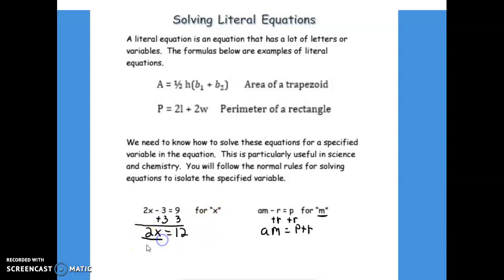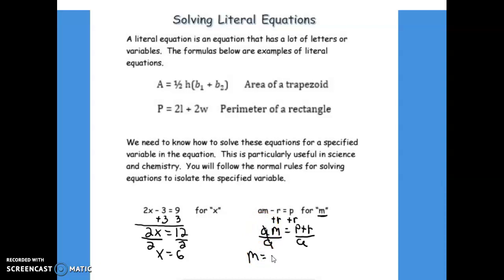Okay. Now, going back to the algebra equation, now if you solve for x, then you're going to do the division property, right? Divide 2. And you're going to get x. Okay, 2 goes into 12 6 times. Now, if you're solving for m, right, if this is multiplication, well, you do the division property with this, right? And you would divide out the a, and then they would cancel, right?